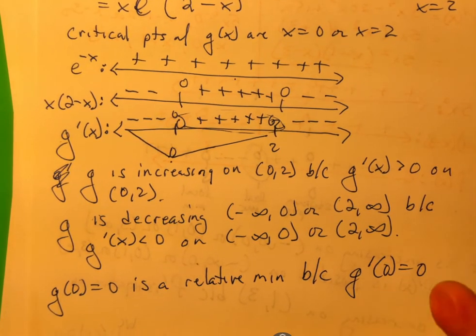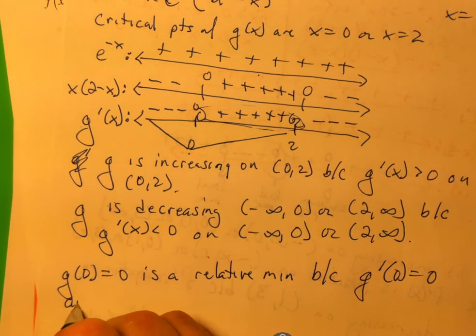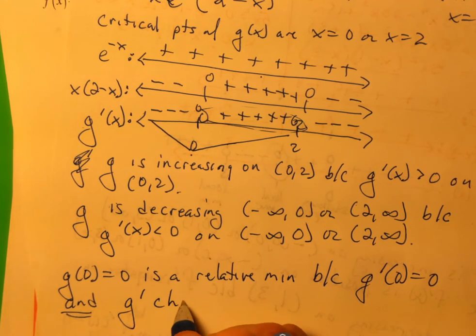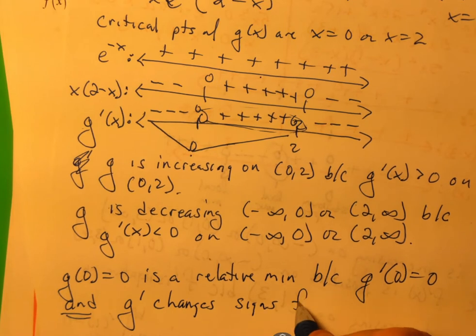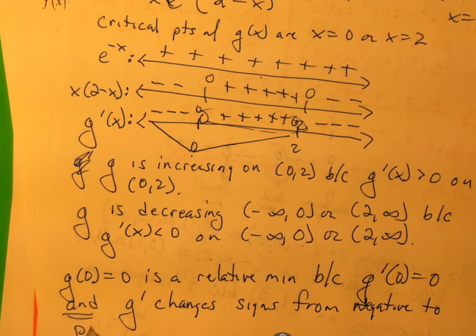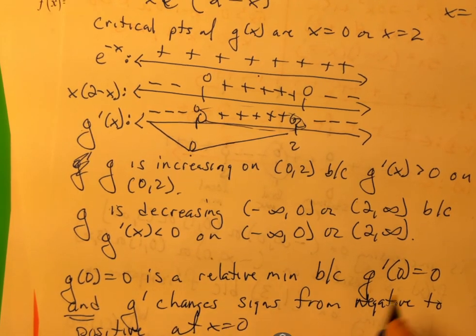Because remember, you must show it's a critical point. And you can't stop there. g prime changes signs from negative, I better spell it out, let me not get in bad habits, to positive at x equals 0.